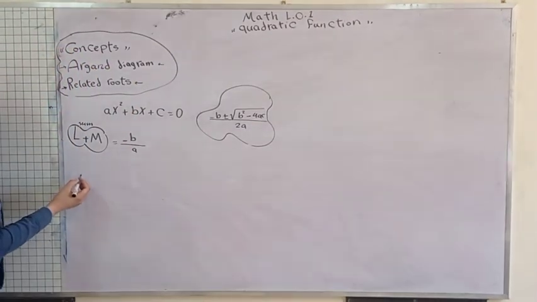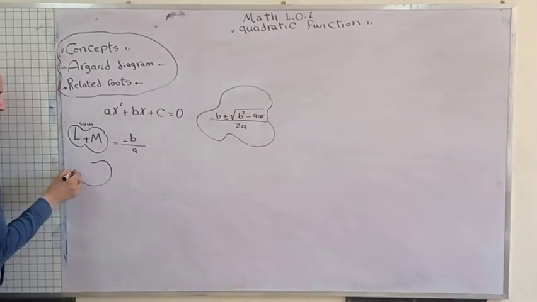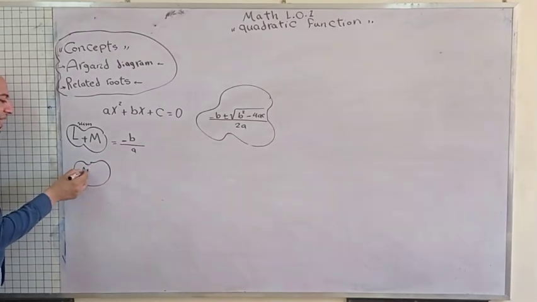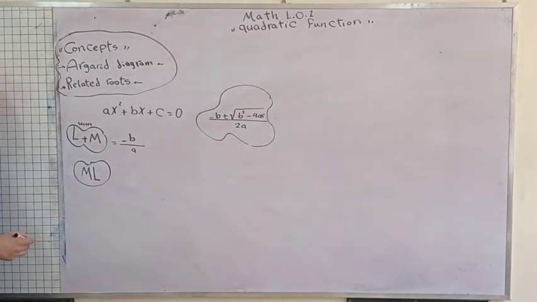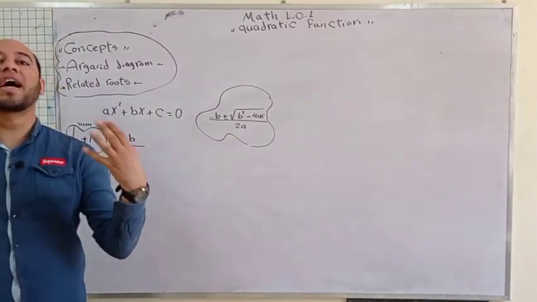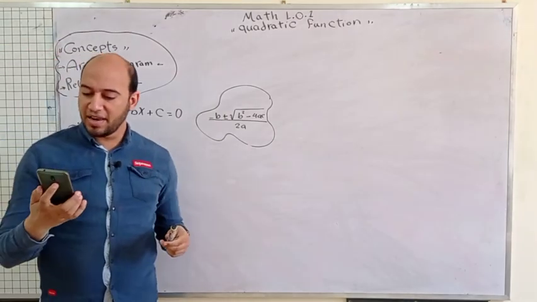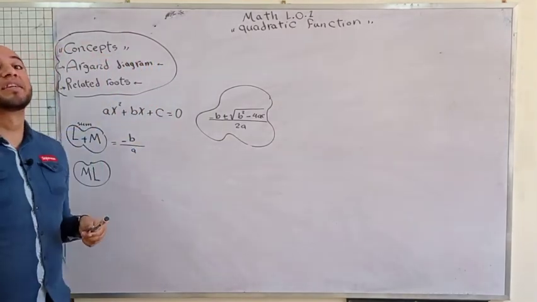Now, the second relation: the product of the two roots, m times l. We want to get m times l without getting the roots themselves.